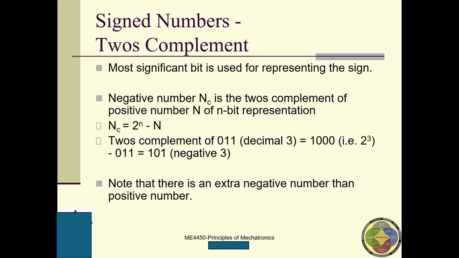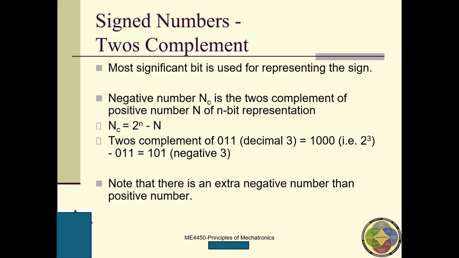For this example, 0, 1, 1. The heaviest bit is 0, which means this number is positive. So 0, 1, 1 equals decimal 3. And you want to use 2 power 3, using this equation, which in binary is 1, 0, 0, 0.